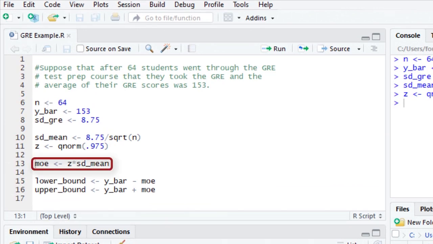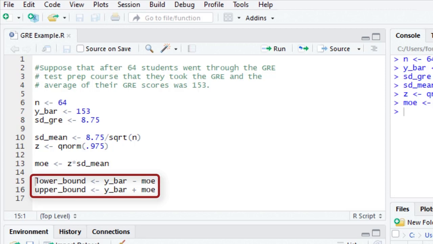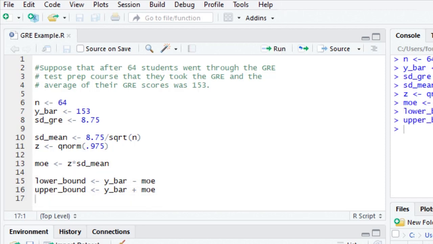Now if I take these two values and multiply them, the product of the z-score that serves as our critical value and the standard deviation of the means is equal to the margin of error, which I've symbolized here as μ. Now all I need to do is subtract μ from y bar and add μ to y bar in order to get my lower bound and my upper bound for the interval.